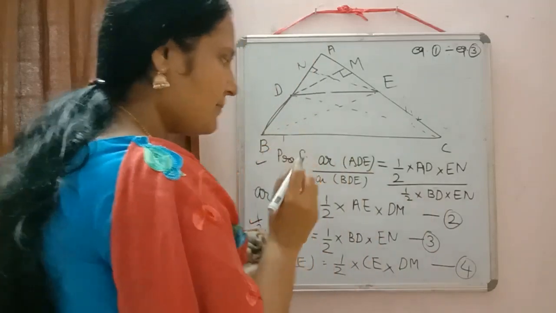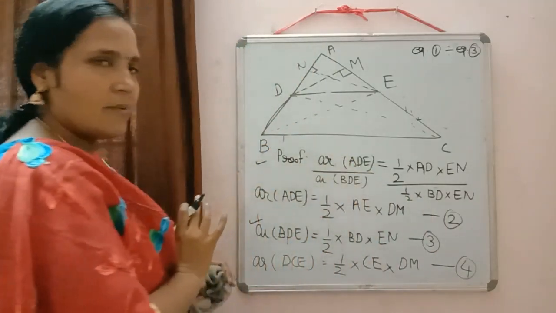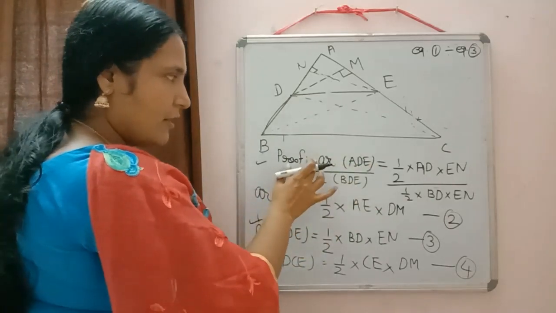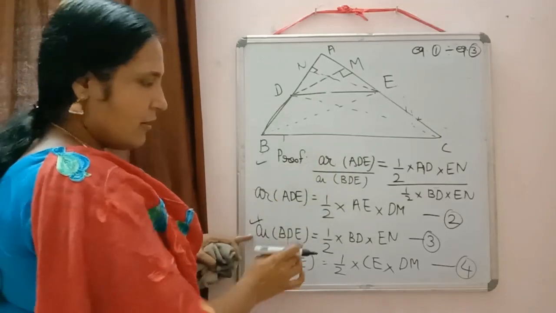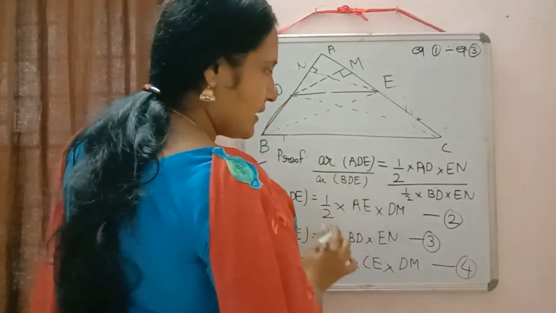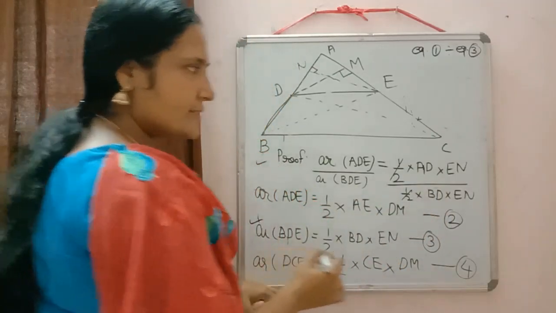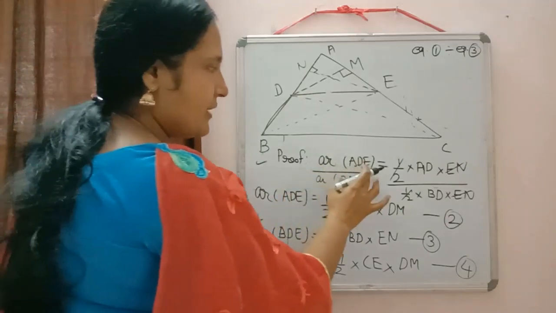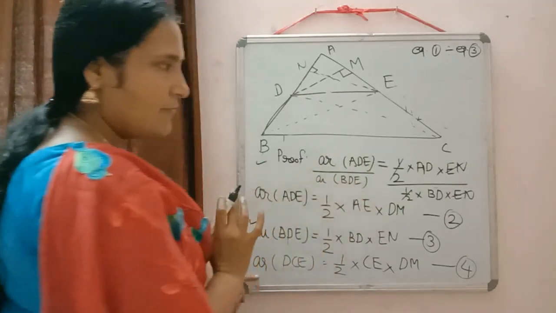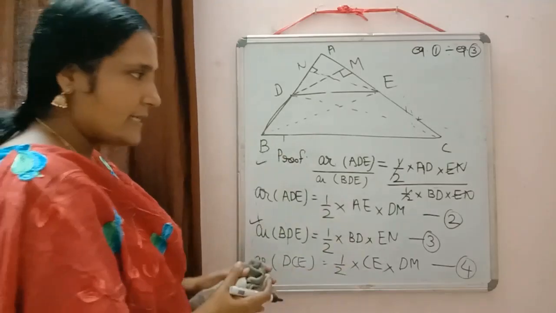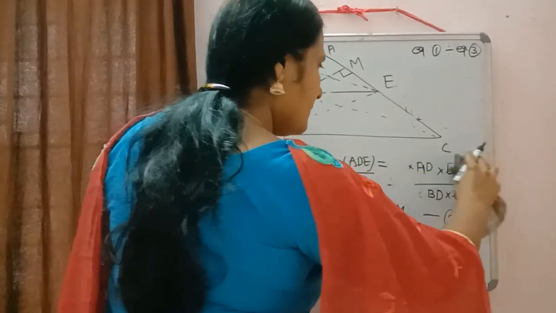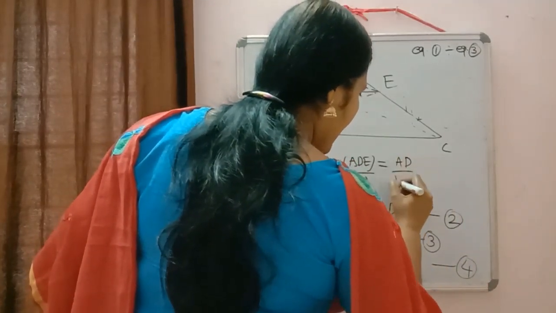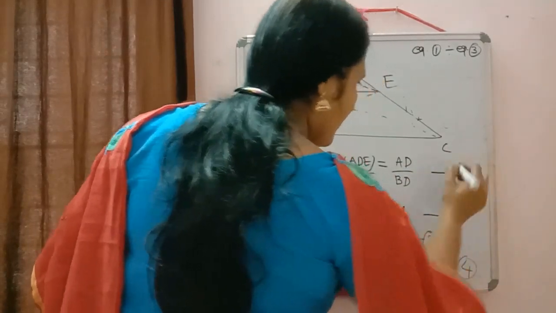On the left hand side we get area of triangle ADE by area of triangle BDE. Here half and half will get cancelled, and EN and EN also will get cancelled. So we get area of triangle ADE by area of triangle BDE is equal to AD by BD. Make it equation number 5.